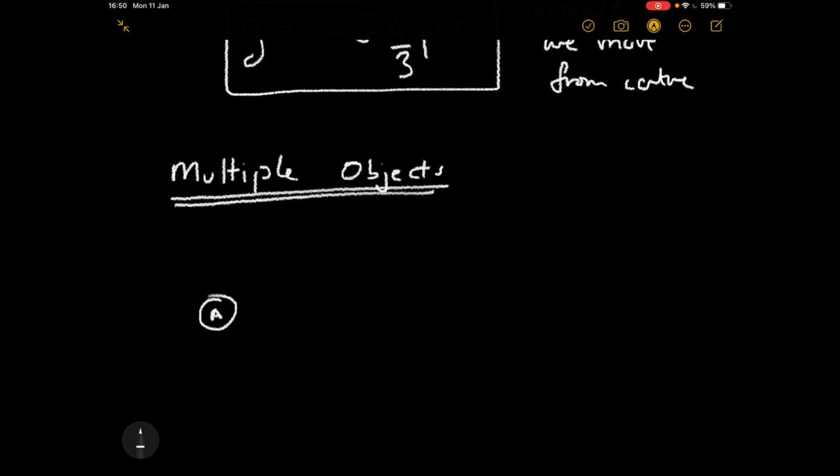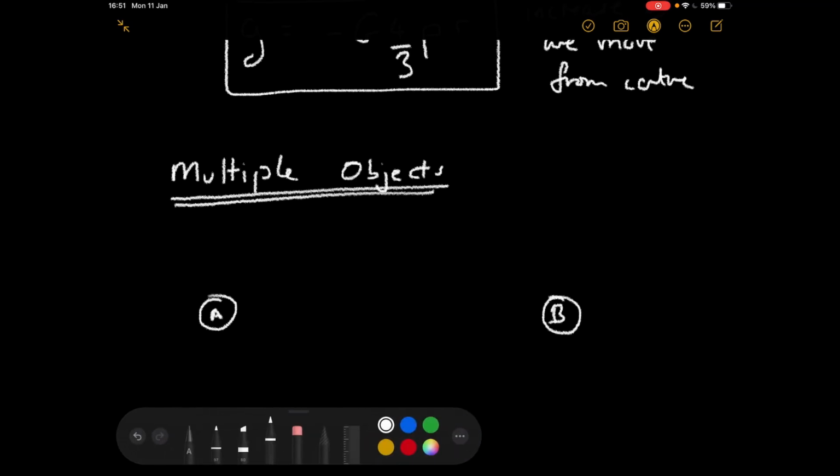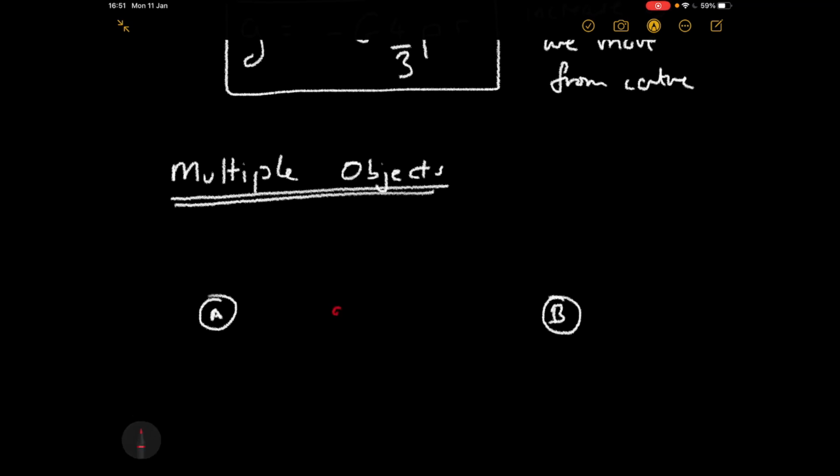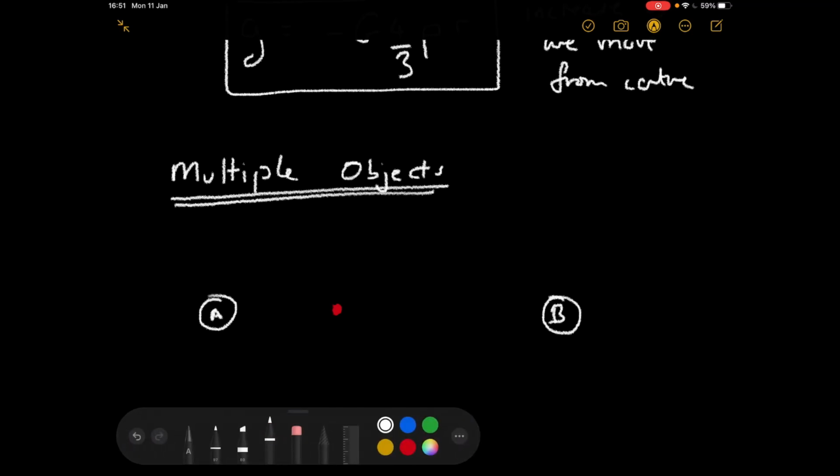So let's say you've got some different objects. Let's say we've got planet A and planet B. And in between them, we have a rocket or whatever, at some distance between them.